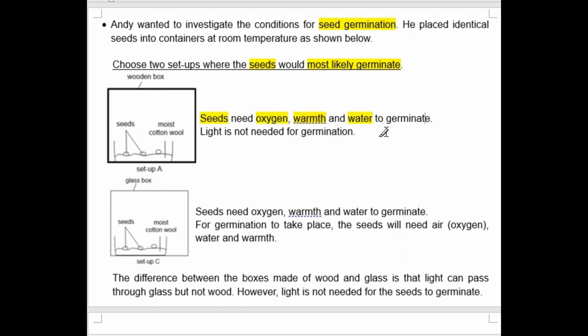Light is not needed for germination. For germination to take place, the seeds will need air, oxygen, water, and warmth.